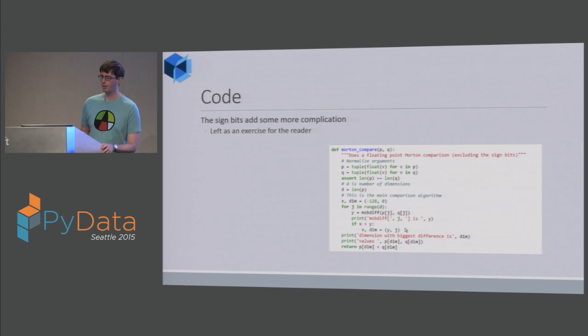Then we can use that to build up the full Morton comparison. It's basically go through the coordinates. In this case, I've written this code so it's arbitrarily dimensional. D is the number of dimensions. We loop through the dimensions and find the bit that's different.